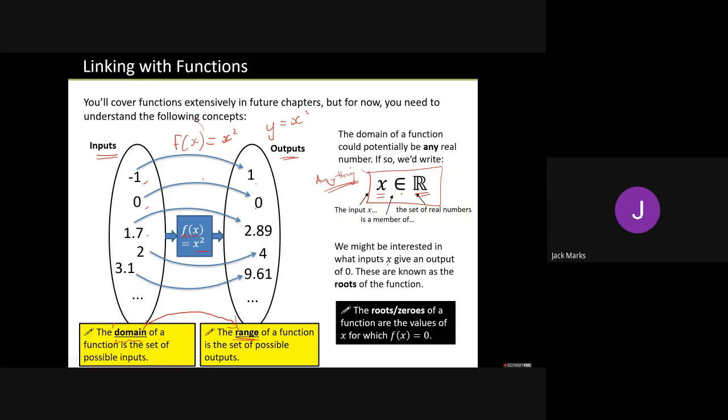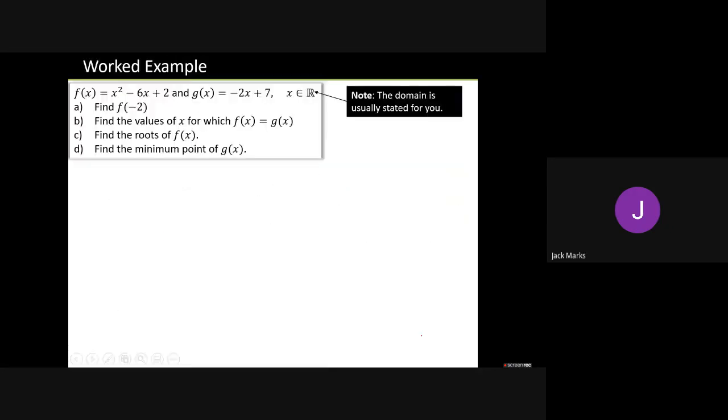We may also be interested to know what x values give us an output of 0. Well, we know these as roots. That's when our function is equal to 0, for y equals 0.